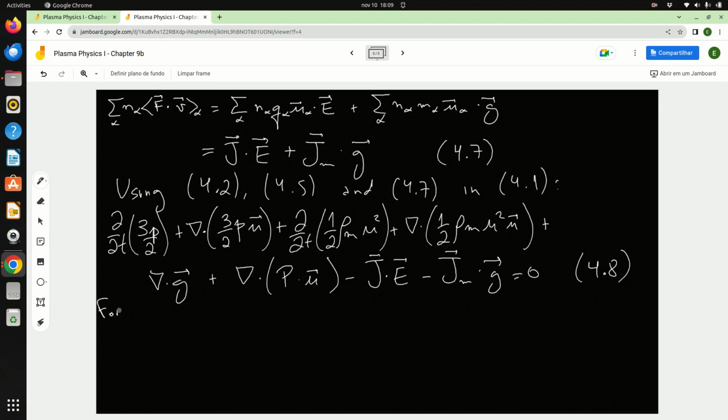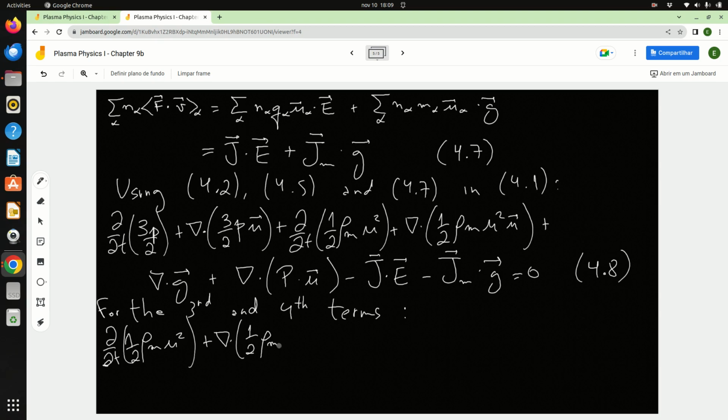So for the third and fourth terms, we can write them like this: derivative of 1/2 rho m u squared plus divergence of 1/2 rho m u squared u is equal to 1/2 u squared times the derivative of rho m plus divergence of rho m u, plus rho m times del u del t plus u dot divergence of u.